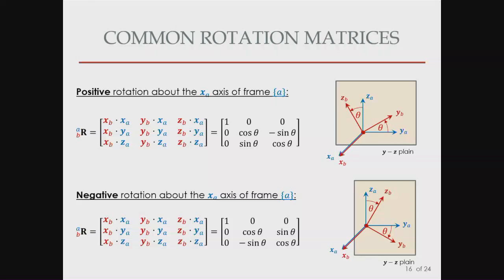This example will mostly correspond to having some object rotating about axis XA, and I want to assign a coordinate system that is attached to that object, and that would be B. It would be convenient for me to represent vectors related to that object in frame B, because in frame B everything is constant for that object because they are attached.